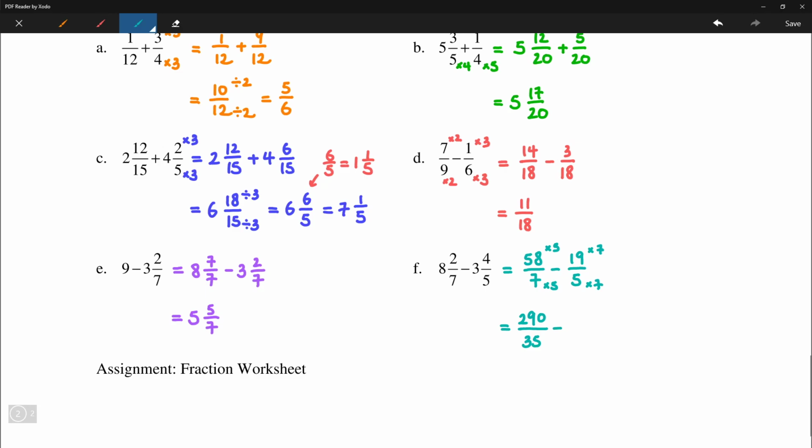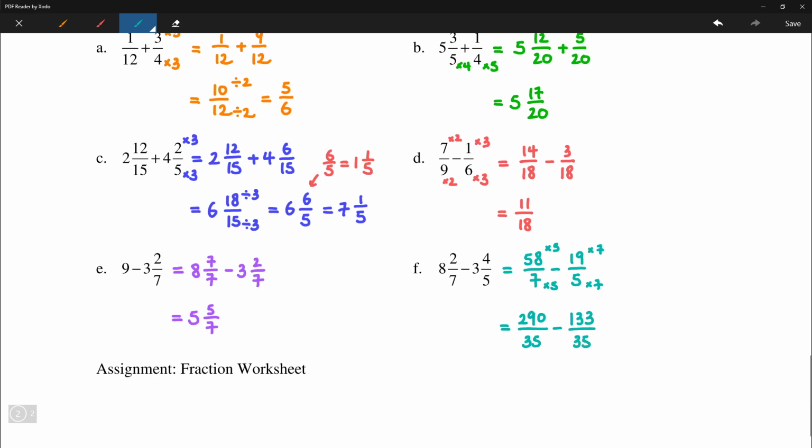And now we subtract. 19 times 7 is, let's see here, 133. Right, and then this will be over 35 as well.